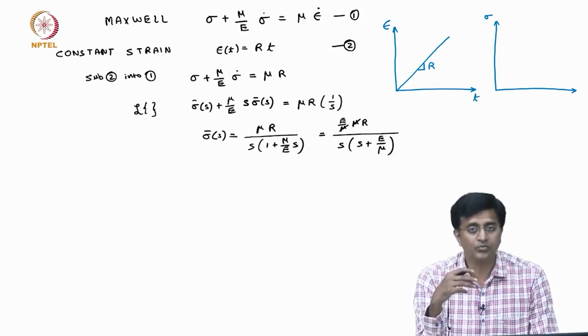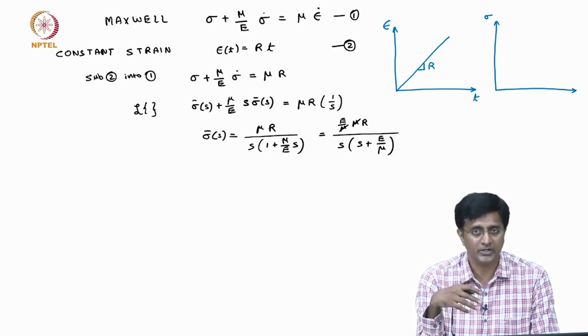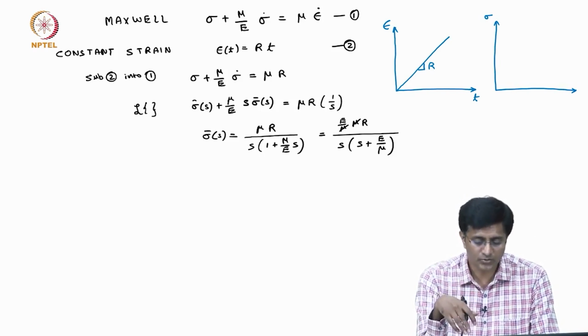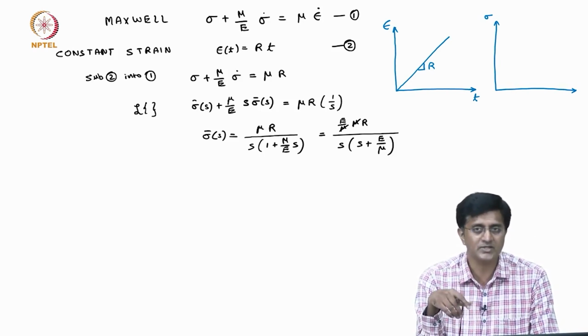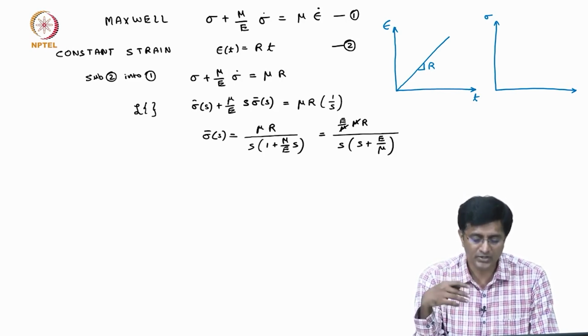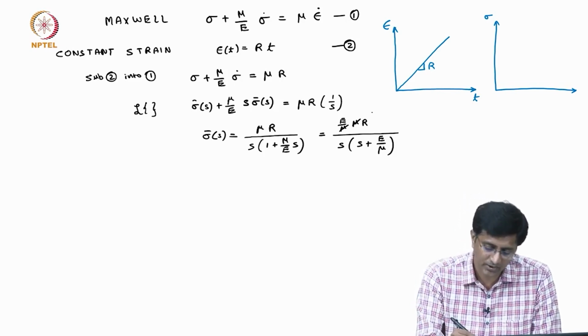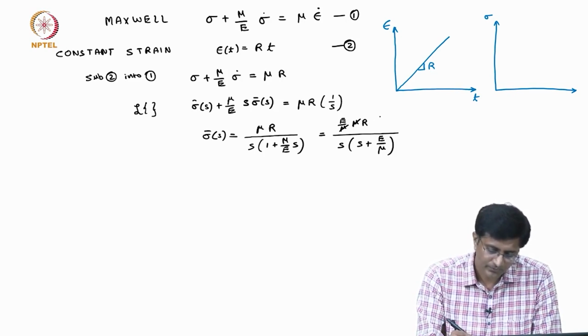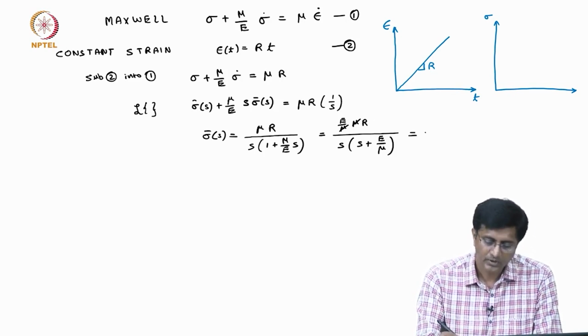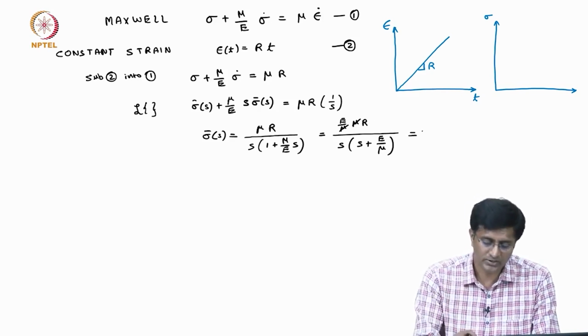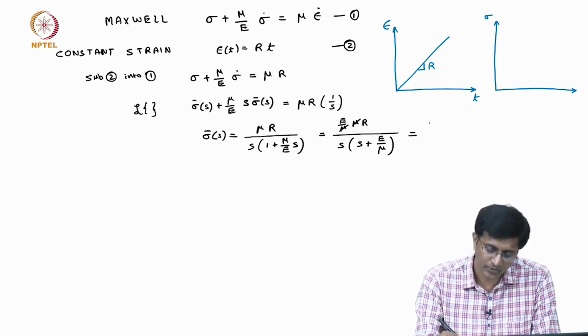Now, we need to find a way where we can do the inverse Laplace transform. Currently it is not possible because the denominator is s times s plus a. We need to further simplify it. One trick to simplify it is to bring terms of s plus E by mu into the numerator.